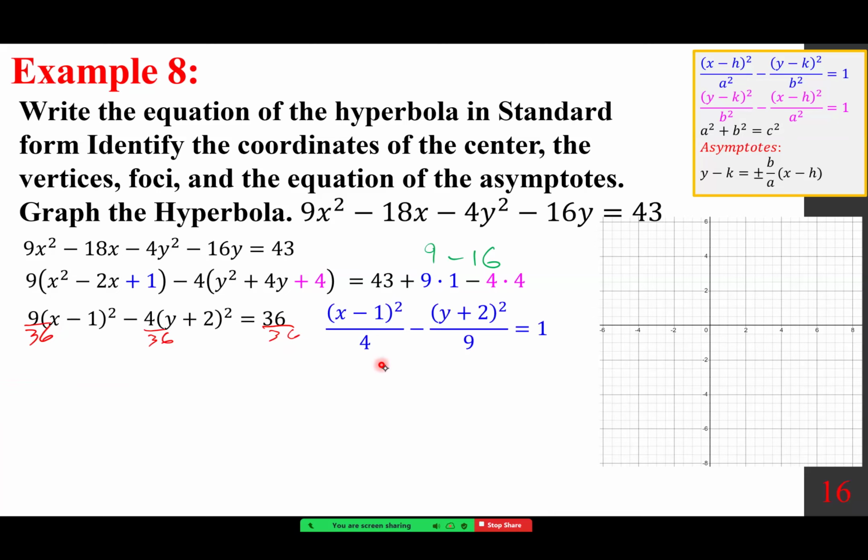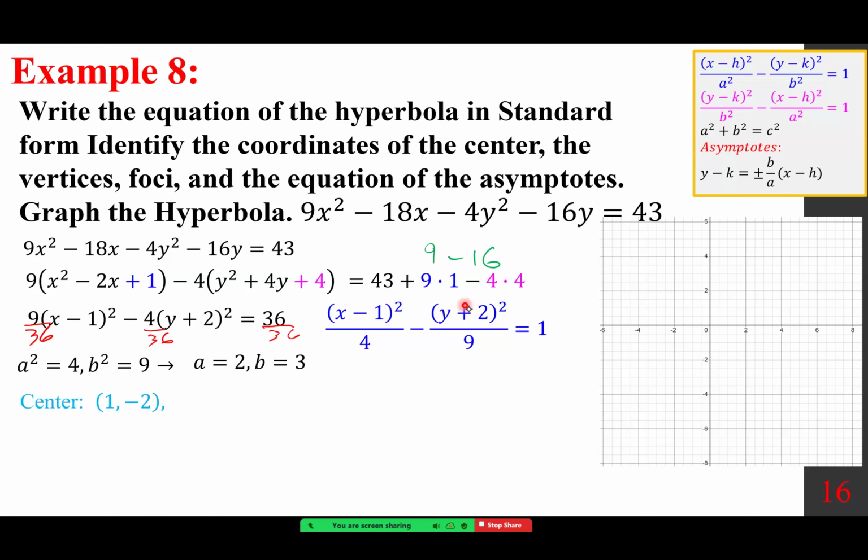And now, obviously, this opens sideways. A squared is 4, b squared is 9, centered at 1, negative 2. A squared is 4, that means a is 2, b squared equals 9, that means b is 3. It's centered at positive 1, negative 2.